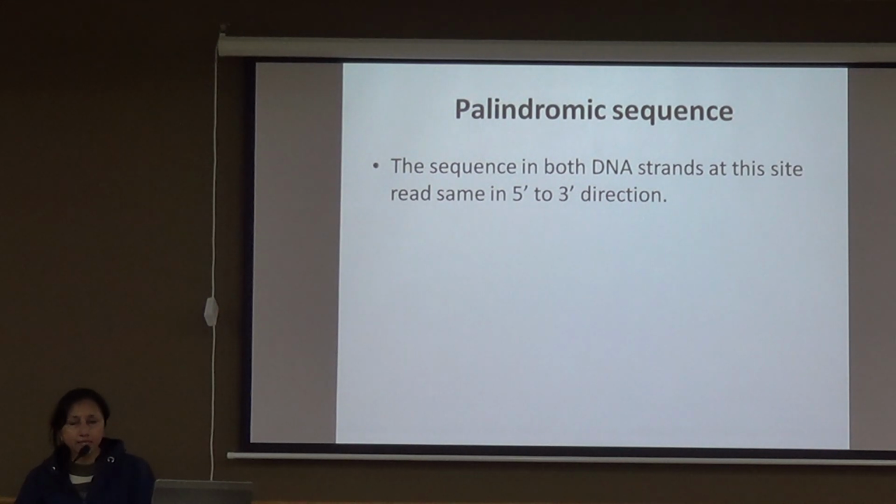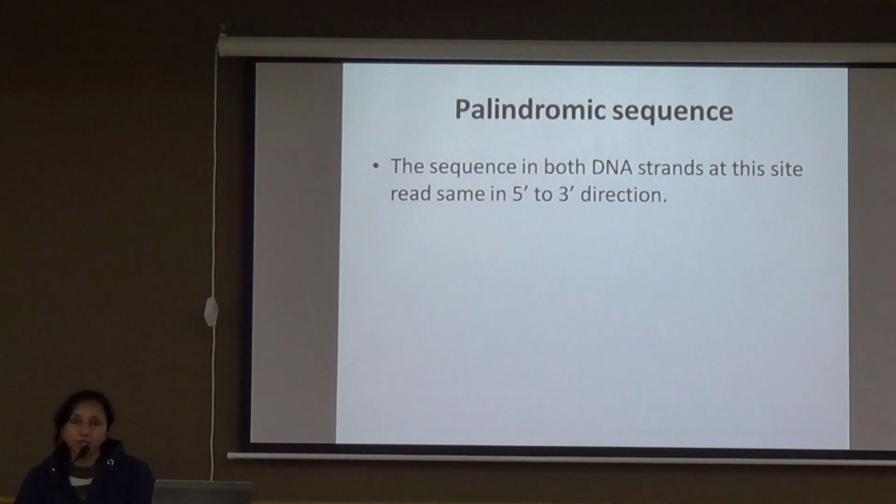Now what are blunt ends and what are sticky ends? Blunt ends are created when the enzyme cleaves the recognized sequence from the center, so there are no overhangs generated. But when there is an asymmetric cut by the enzyme, then overhangs are generated, which leads to creation of sticky ends.